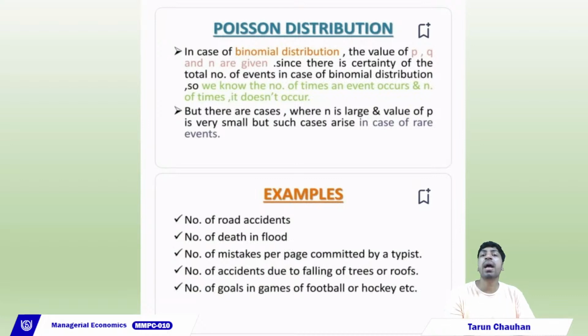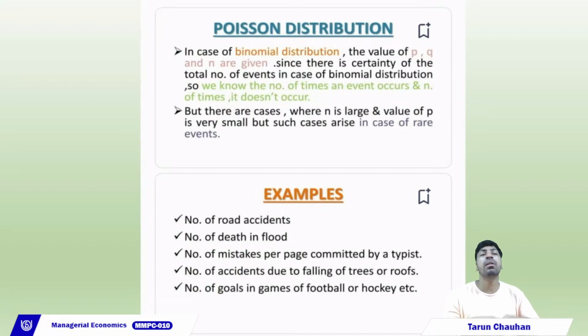When we talk about the binomial distribution, we are talking about the number of two outcomes in a sample. But in the Poisson distribution, we do not consider any samples. Here we include everything, whether n or p, but in a population.